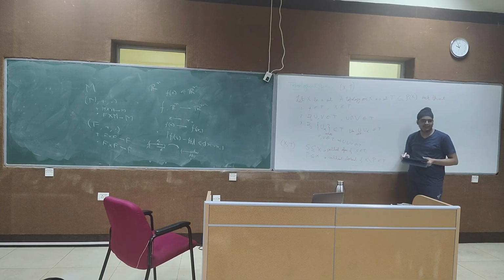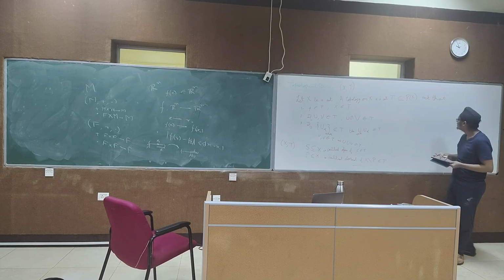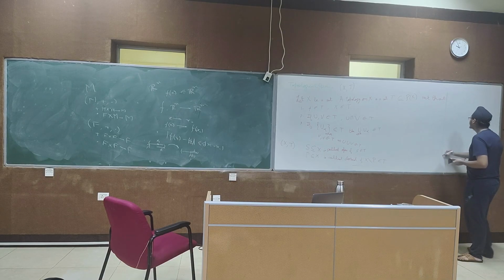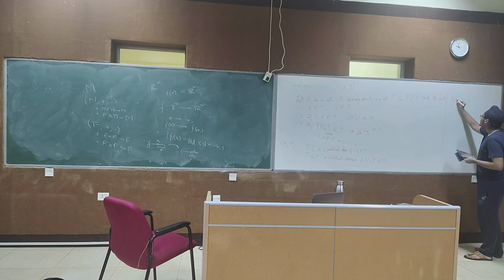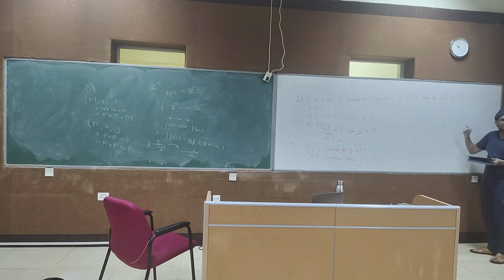Now I will give you an example so that you could actually understand what is going on. Let us take our set to be X. I will write some topologies T. You have to tell me which is actually a topology and which is not.